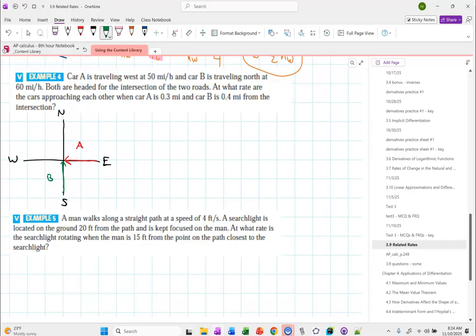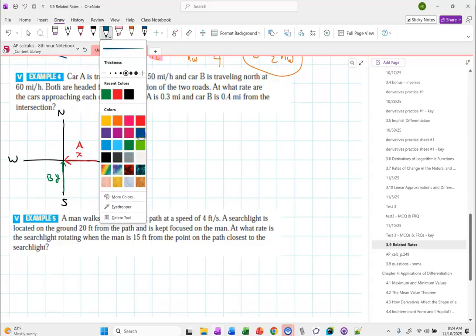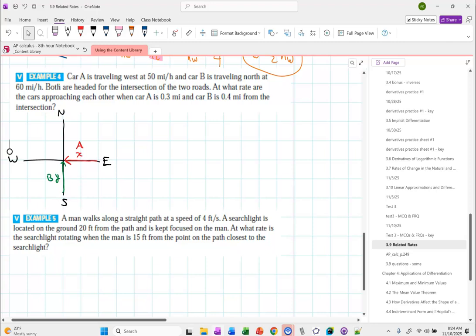All right. So when I look at this, I'm going to call those lengths X and Y. And who is surprised at what the third thing I'm going to be drawing in is?